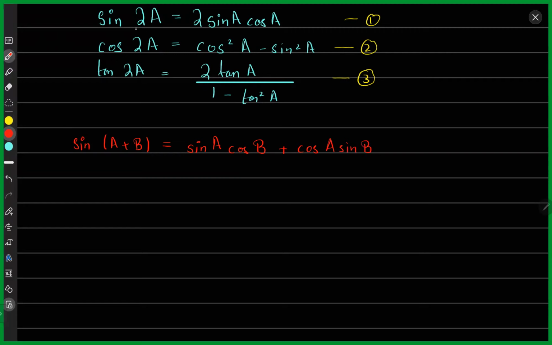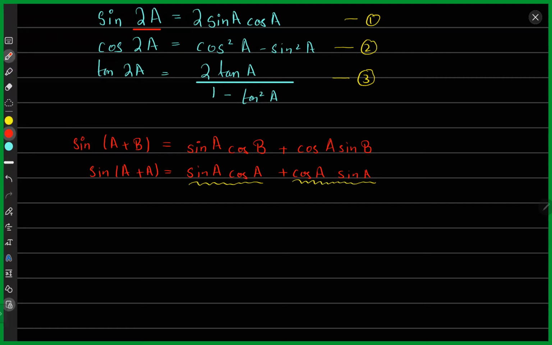So since I have sine of 2a here, I can think about it as sine a plus a, and this would give me sine a cos a plus cos a sine a. So I can clearly see that this term is just like this term.